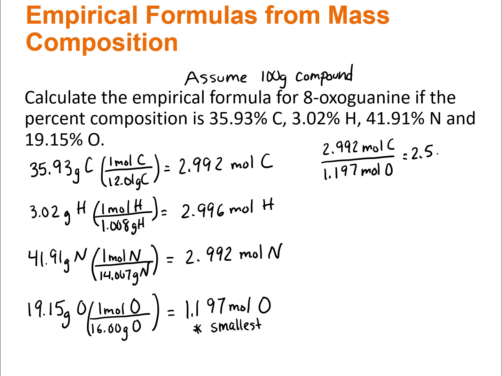Your calculator is going to tell you 2.5, and you have to translate that to 2.5 moles of carbon for every 1 mole of oxygen. But that's not a whole number. So what that really means is 5 moles. Hey, look at that. 5 moles of carbon for every 2 moles of oxygen.